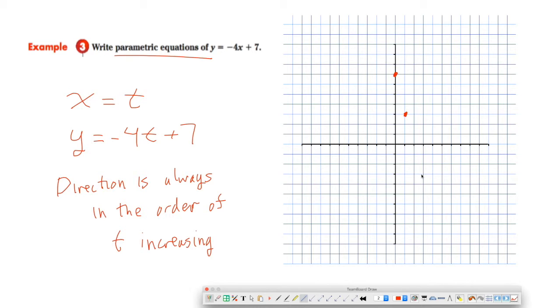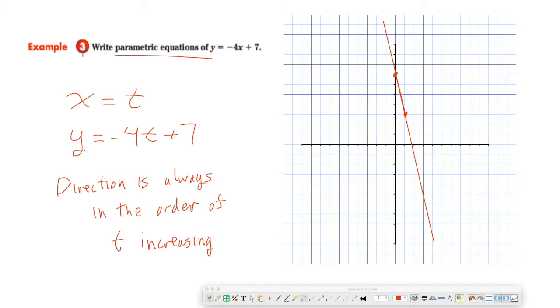So this line, I'm not going to put the usual arrows at the end. This line looks something like this. The line does go on forever, but you always have to indicate in what order something moving along this line would be moving if it were in the order of increasing t.